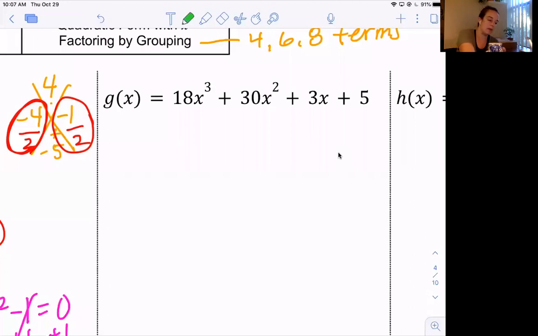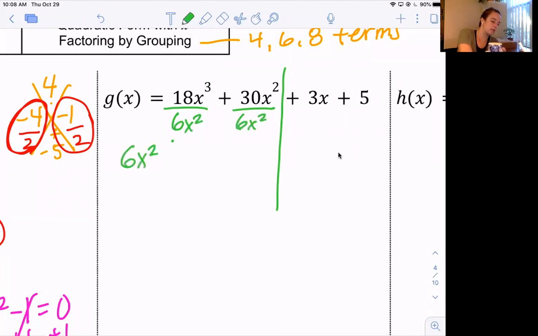We are factoring by grouping. So I'm going to split it in half. What can I divide out of 18 and 30? What can I take out of 18 and 30? The biggest possible thing. 6, yeah, 6. And I'm seeing 6x squared, which is great. 6x squared can come out of both of these. So I have 6x squared.